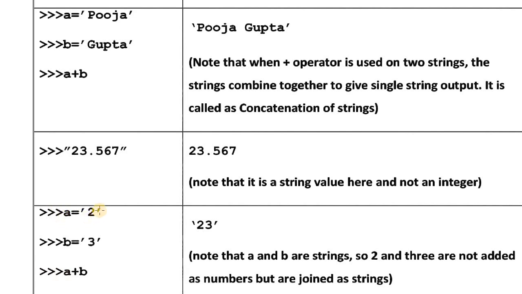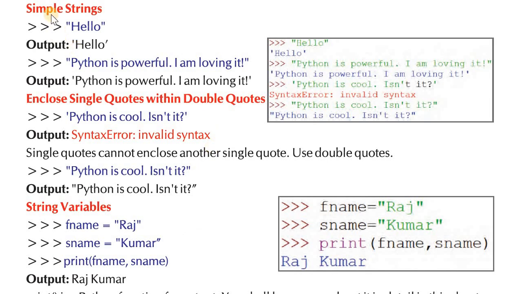Why? Because A and B are strings. So 2 and 3 are not added as numbers, but are just joined as strings. Important, students.